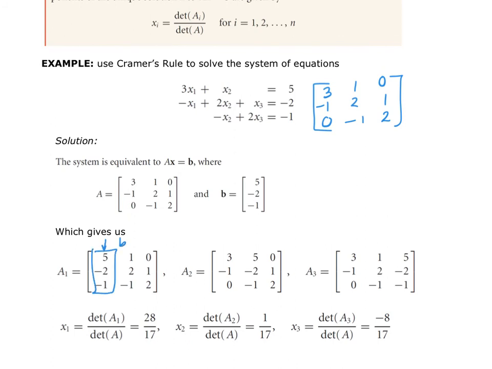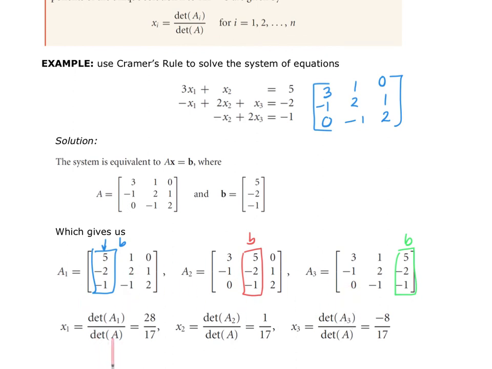A2 means I replace my second column with my B vector. And A3 means I replace my third column with my B vector. I will find the determinants of each one of these new matrices.